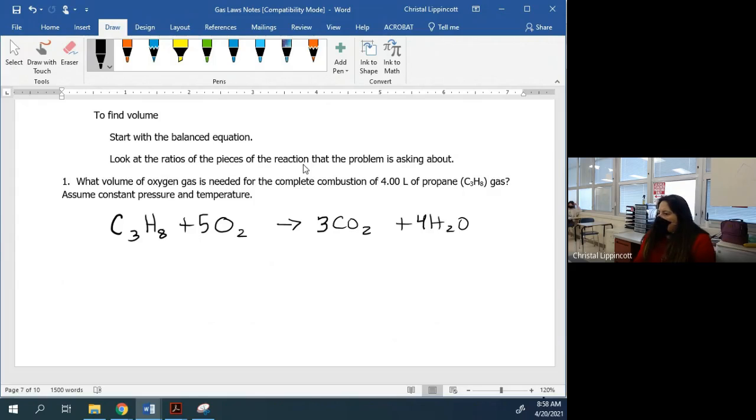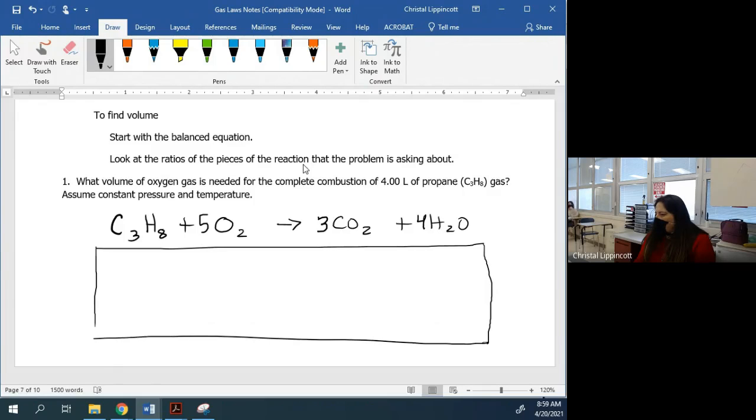All right. So now, when we were doing our regular stoichiometry, I gave you a rule. And I said only moles in the holes. Do you remember that? Well, we can have something else in the holes too. We can have volume in the holes now.